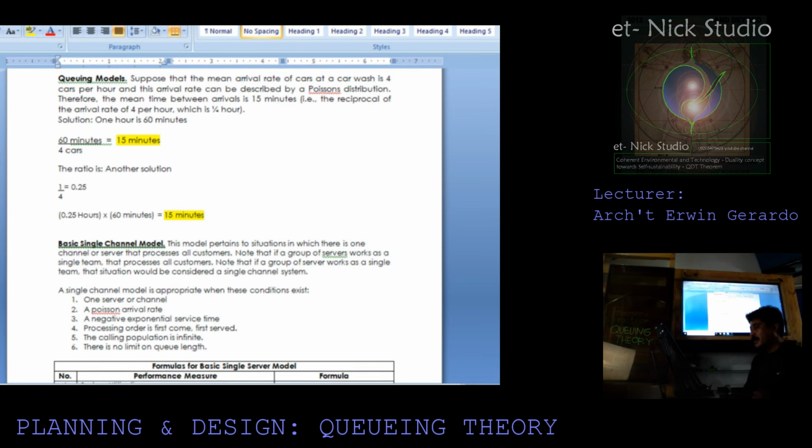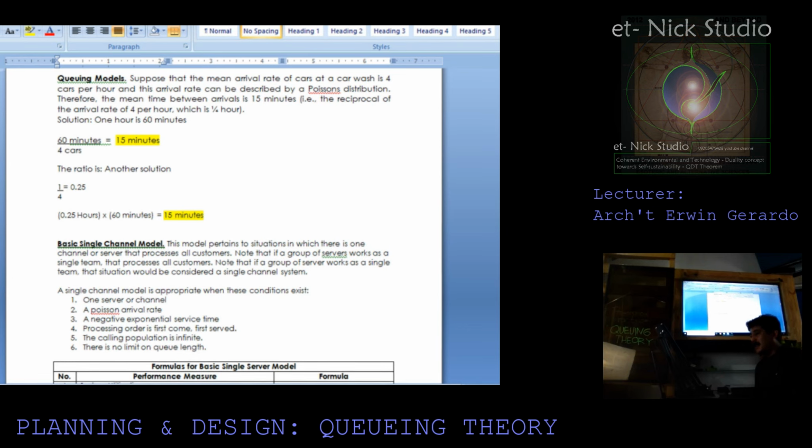Queuing models. Suppose that the mean arrival rate of cars at a car wash is 4 cars per hour, and this arrival rate can be described by a Poisson distribution formula.